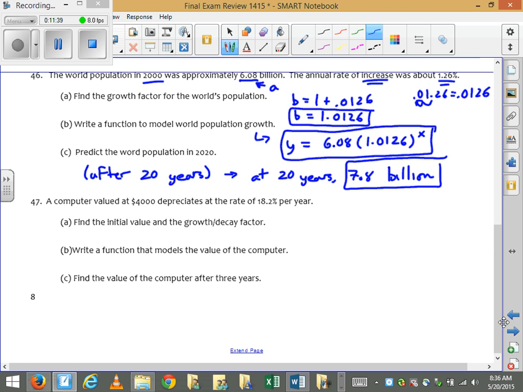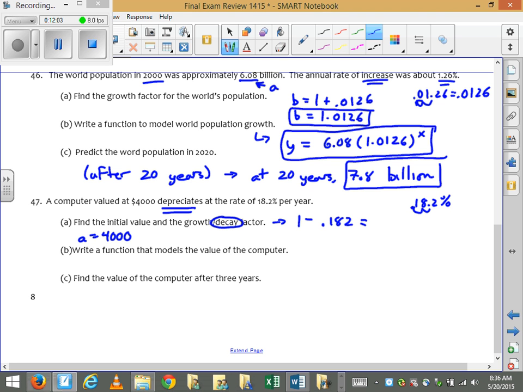So here, a computer valued at 4,000 depreciates at a rate of 18.2% per year. So find the initial value. So the initial value was 4,000, and this is a decay factor because it's going down, which means we need to do 1 minus 0.182. All right, and it's 0.182 because, again, 18.2%, we need to turn that into a decimal.